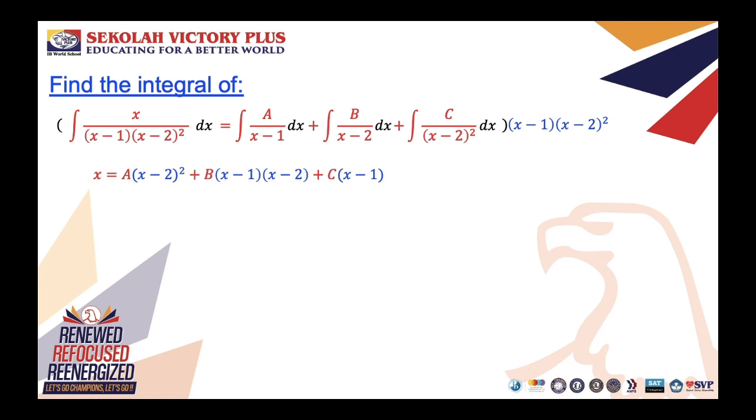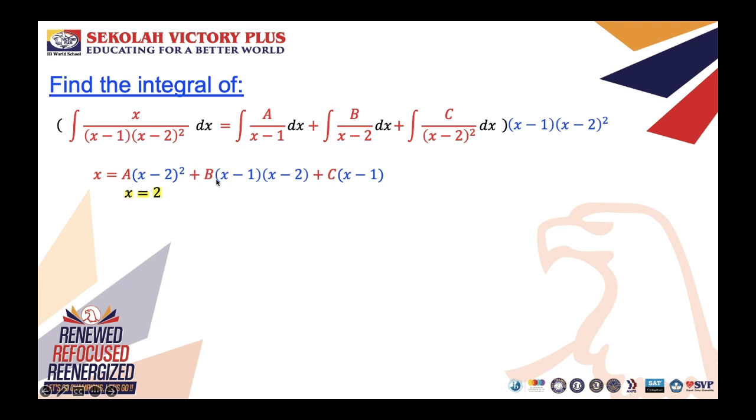Alright? So here we now proceed at solving a, b, and c. So you decide first which one you wanted to eliminate. So in my case, I assumed x to be 2, therefore I wanted this to be 0. So I can solve the other variable. Now it happens that if x is 2, this will be 0, as well as all those with x minus 2 will be 0.